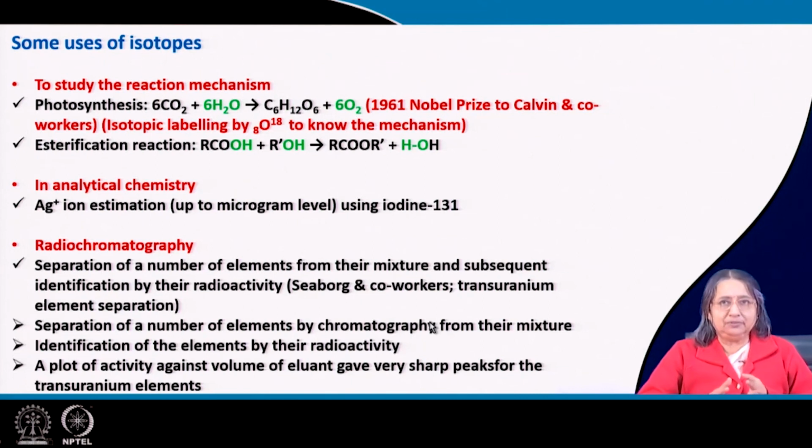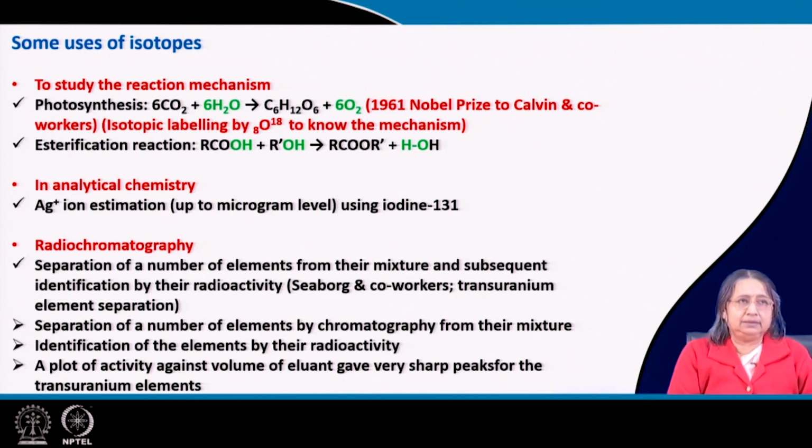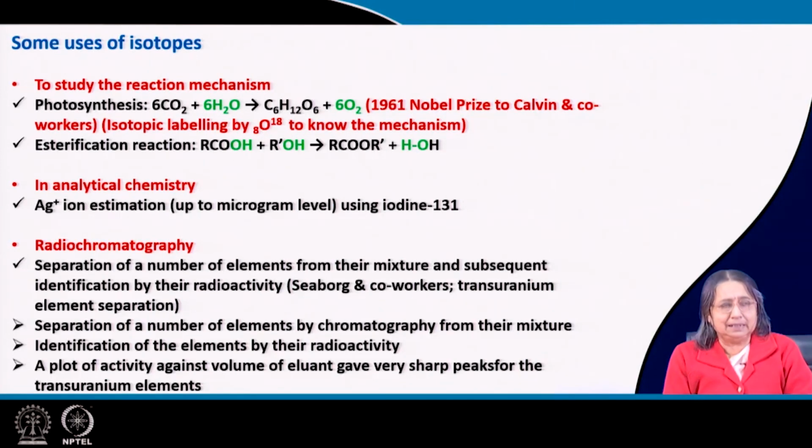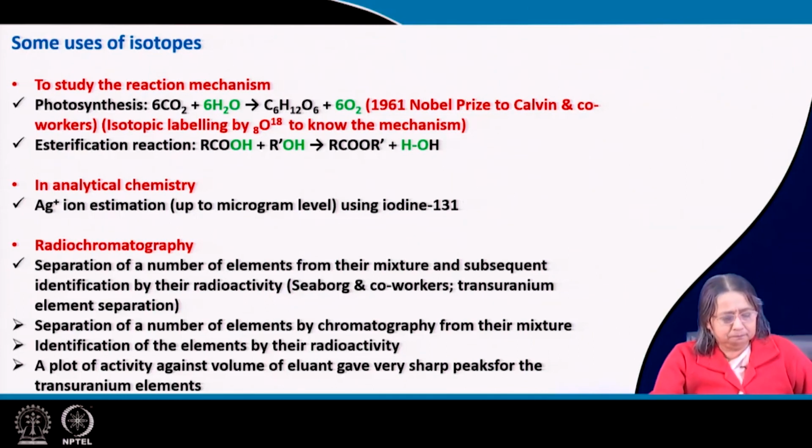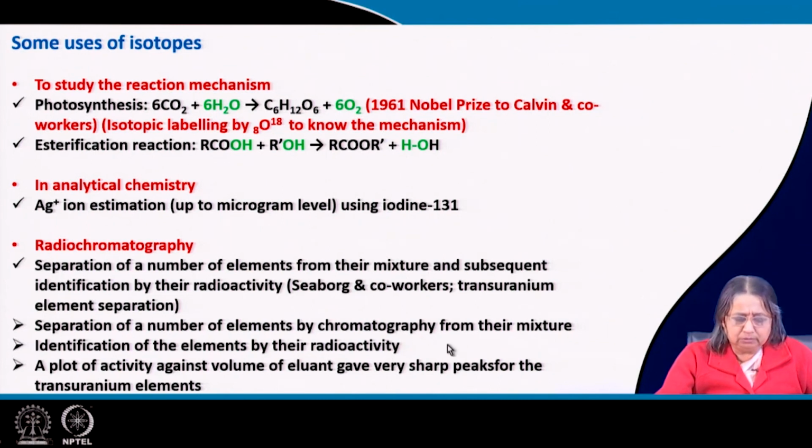In chromatography we first adsorb the mixture on some adsorbing column, and then we elute it with solvents, and the things present in the mixture come out one by one, and then we detect and determine them. You can use many things for elution.